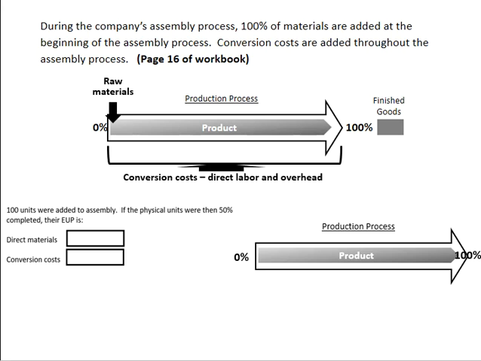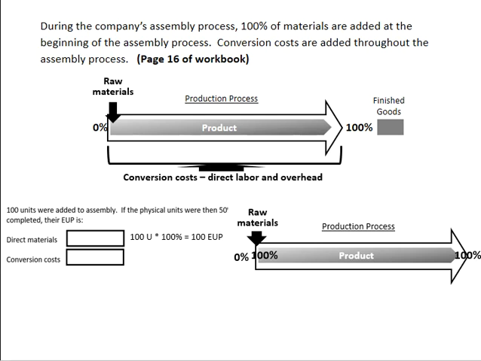Now again, what we said was 100% of the materials are added. In other words, all the materials are added at the beginning of the assembly process. So from the raw materials standpoint, the percentage of completion for that component actually is 100% as soon as we begin production.